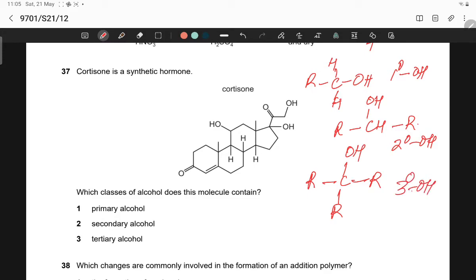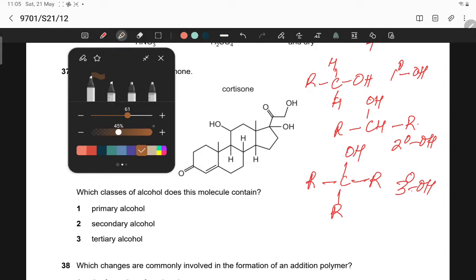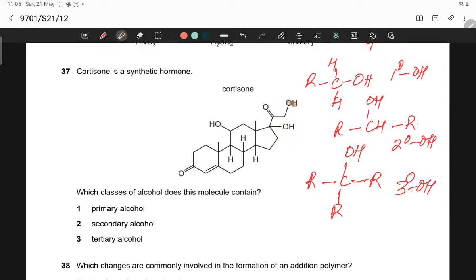So in this molecule, three alcohols are present: alcohol 1, alcohol 2, alcohol 3.